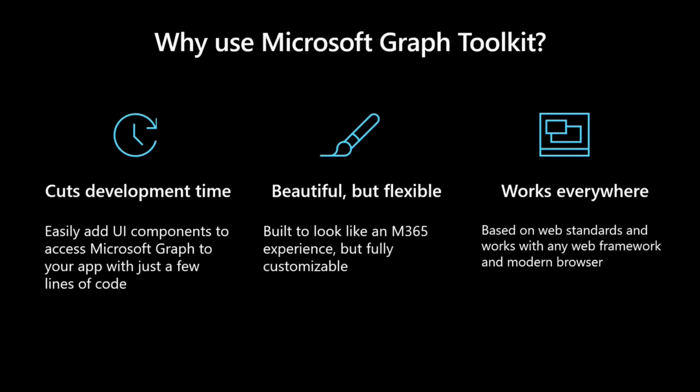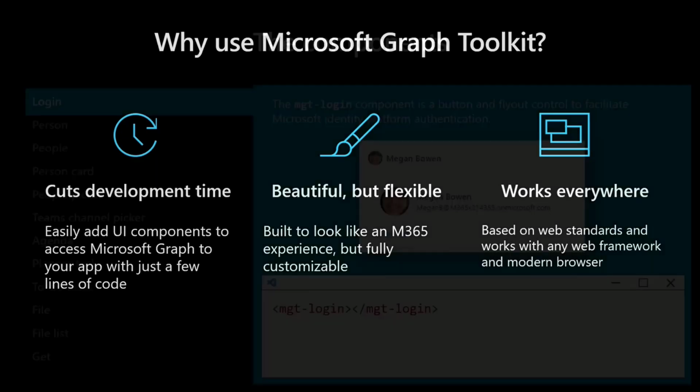And what it provides is the fact that you can use it in any type of app that you're already building. So you don't have to relearn a new framework. You don't have to migrate your entire app to a framework to be able to leverage just these parts of the Microsoft Graph Toolkit. No, you bring the toolkit as part of your existing app and you are ready to go. That's really cool, by the way.